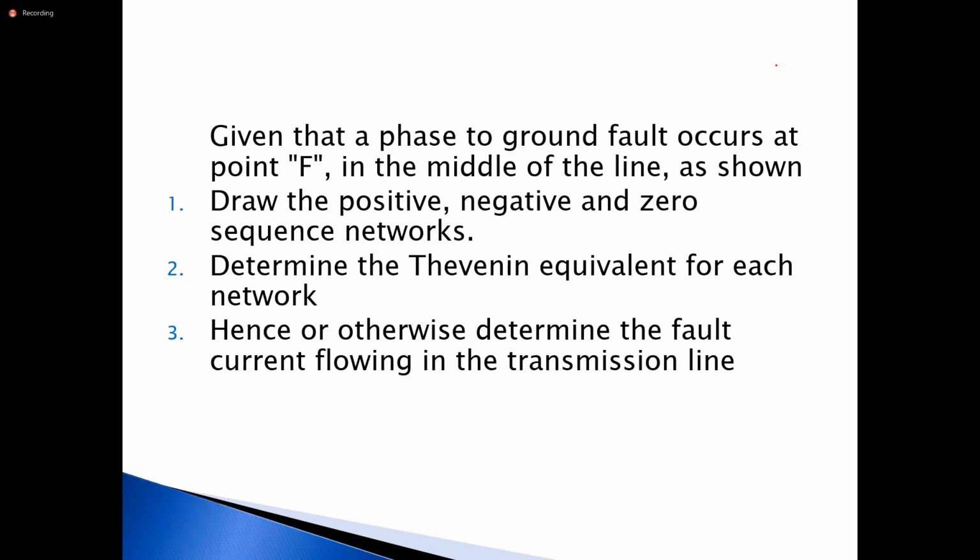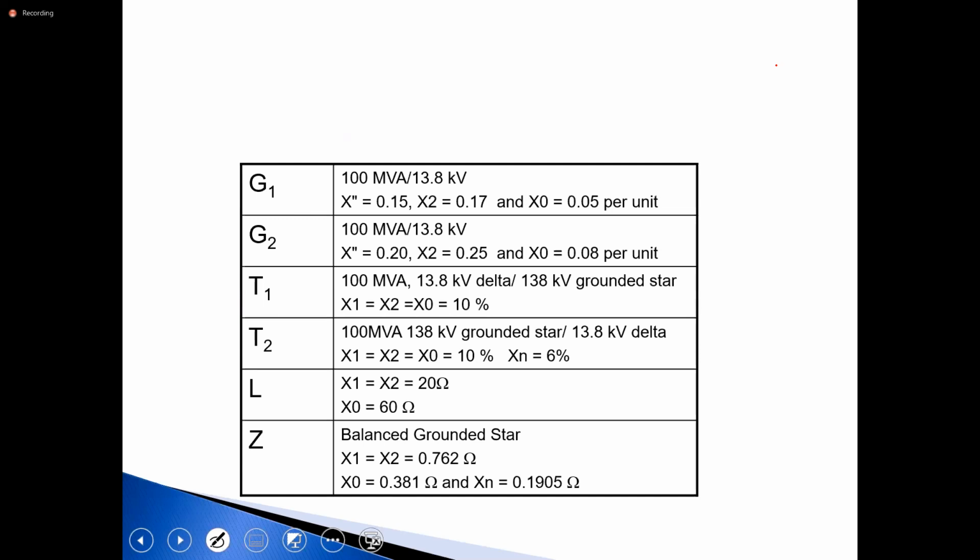So the first thing you want to examine before you start drawing and getting into this question, you want to examine the data that you're given. And based on the data we have before us, we know that the transformers and generators are all rated at 100 MVA.